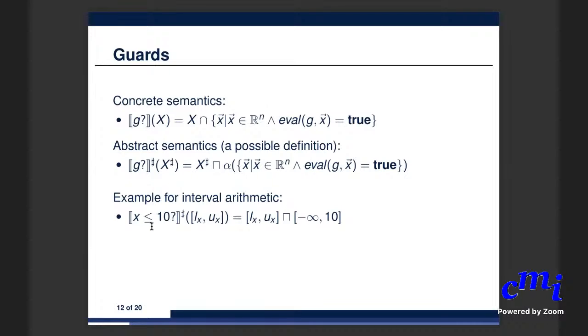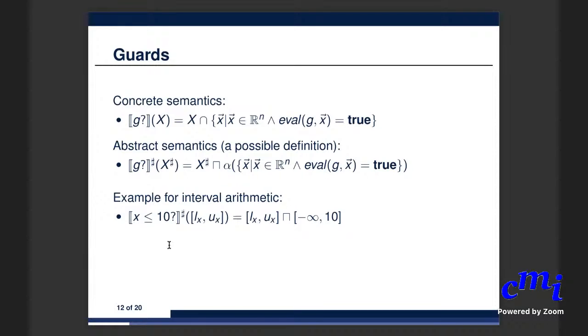But if this guard expression was something else, then you'll have to do some over approximation there. So you might end up including things which are not exactly precise, and therefore you may end up losing precision.